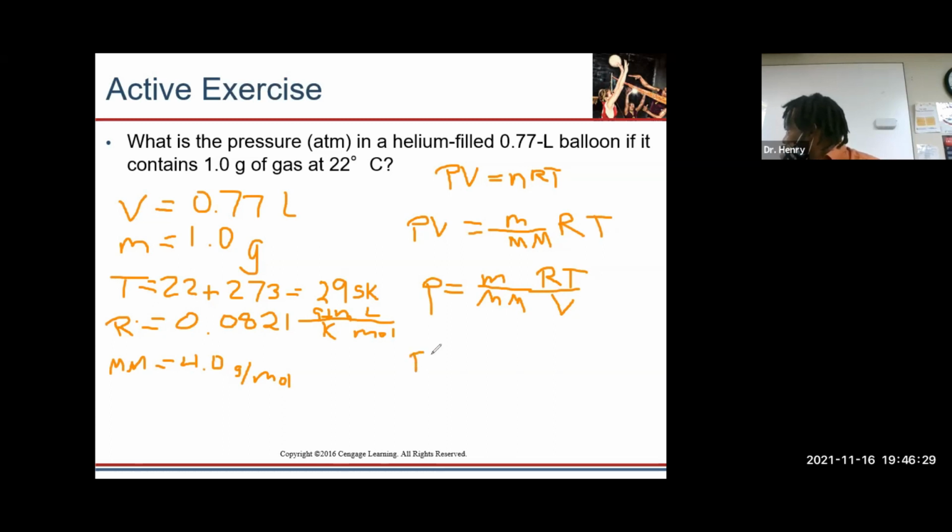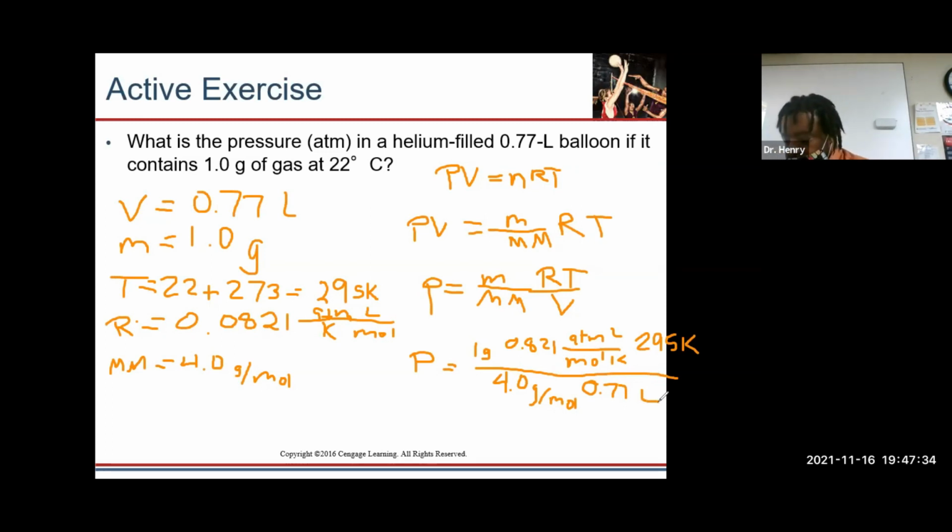Okay, so we plug that in. Mass is 1 gram, times 0.0821 ATM liters per mole Kelvin, T is 295 Kelvin, divided by 4 grams per mole, and the volume, which is 0.77 liters.